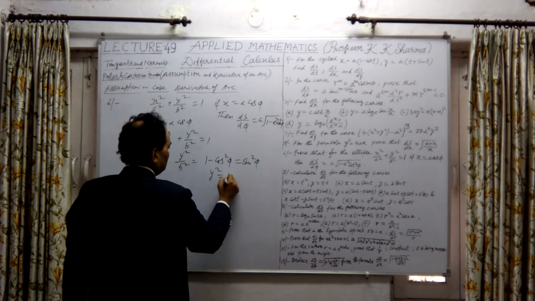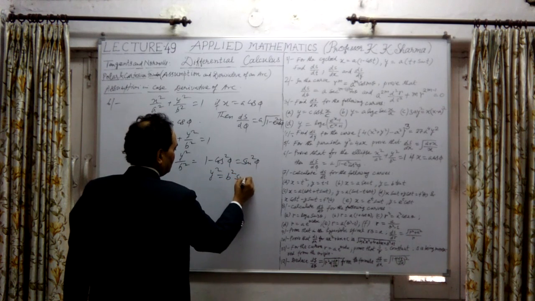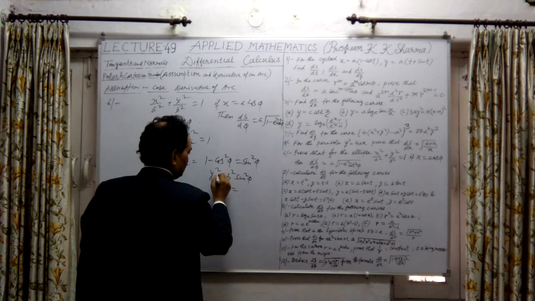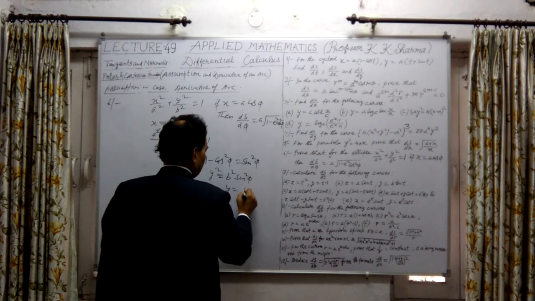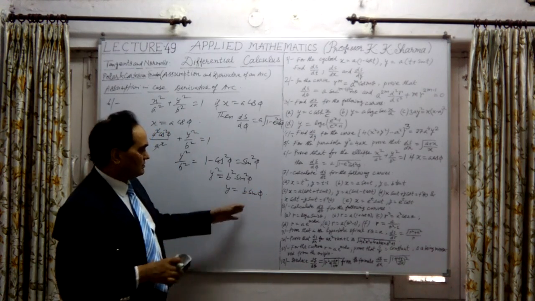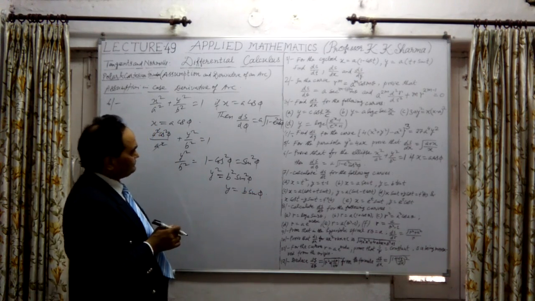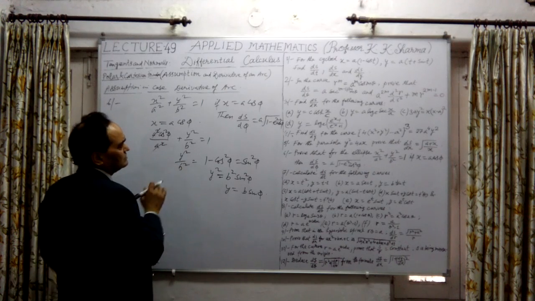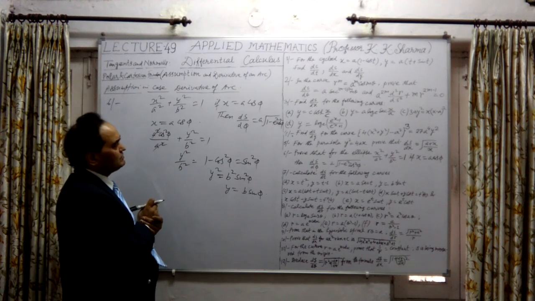So y square equals b square sin square phi, and y is equal to b into sin phi. Now ds upon d phi will be equal to the square root of (dx upon d phi) square plus (dy upon d phi) square.